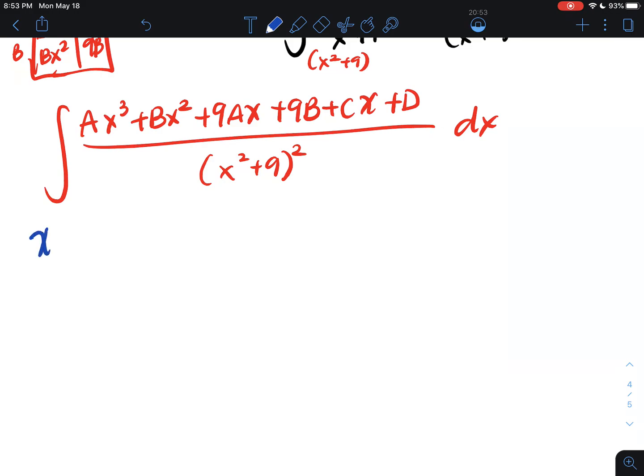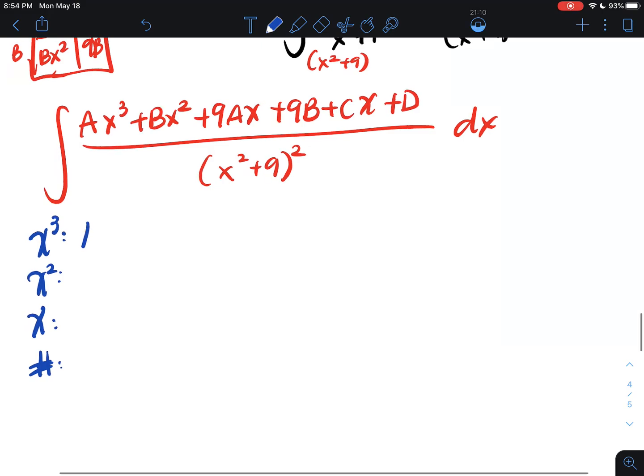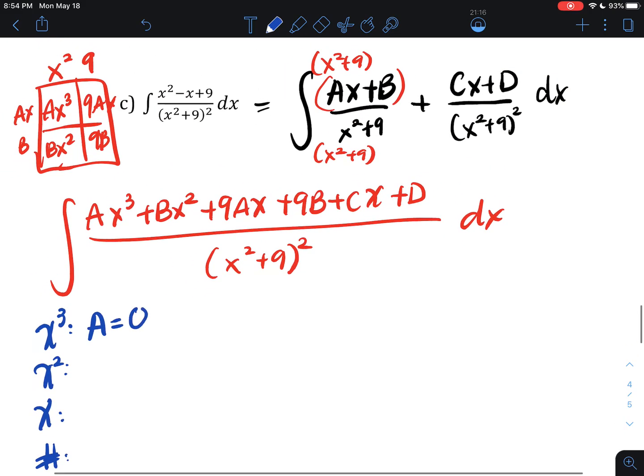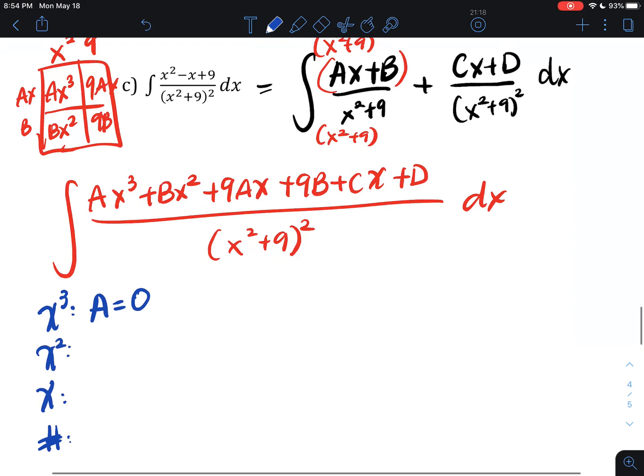Okay, so let's do the algebra. So this time I have an x cubed value, an x squared value, an x value, and then the constant term, so that's a number. Okay, so for x cubed, I really just have a, and that equals, here's my original, I don't have an x cubed, so that equals 0, it's not there.